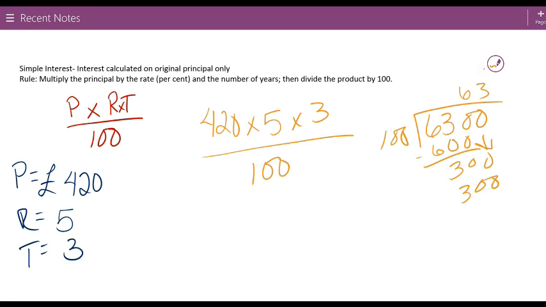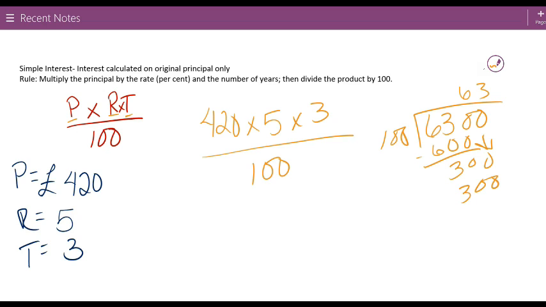Anyway, this is telling us that in addition to this 420 pounds, you would owe an additional 63 pounds after the 3 years. So again, anytime you have simple interest, you're just taking the principal, the amount that was initially borrowed, multiplying it times your rate, and multiplying it times your time.